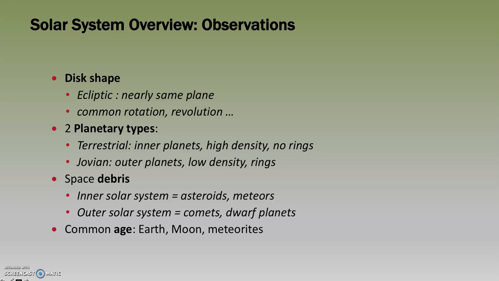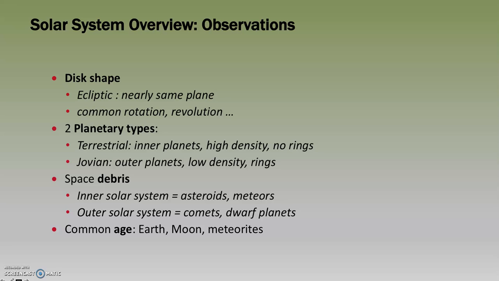We know that there are two planetary types, terrestrial and Jovian, which is the smaller planets and the larger planets. We've discussed that a bit. And we're going to learn a little bit more about space debris, which is an observation and a characteristic of our solar system.